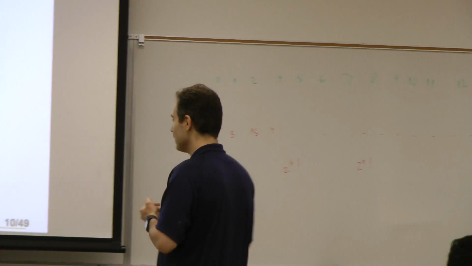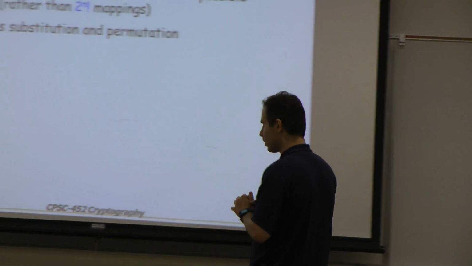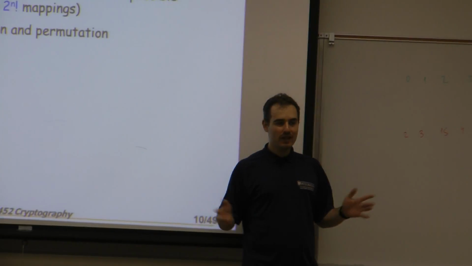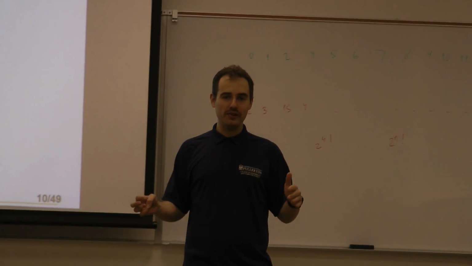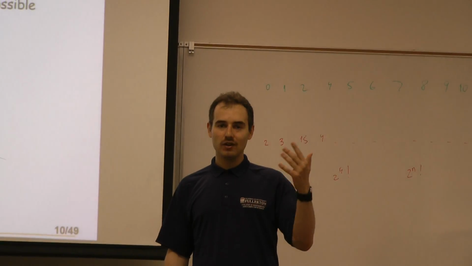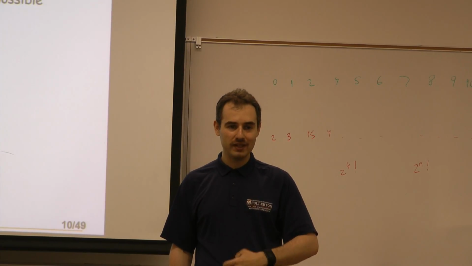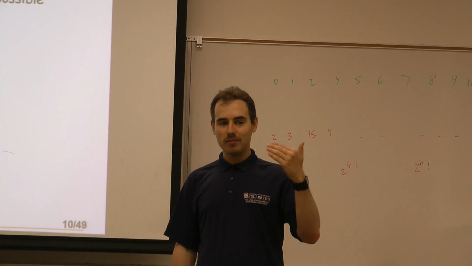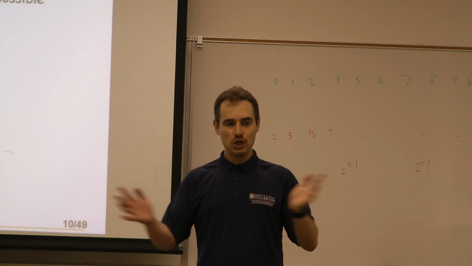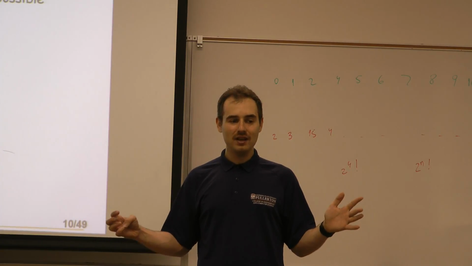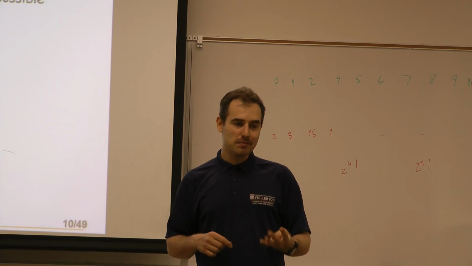The way that the Feistel cipher works is that it alternates substitution and permutation. Recall that substitution means replacing plaintext elements with ciphertext elements, and permutation means we shuffle things up. When we talked about classical ciphers, some were substitution ciphers.